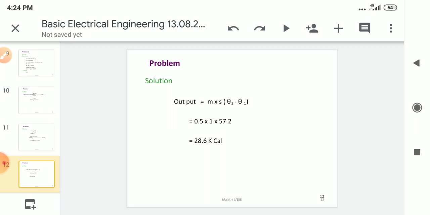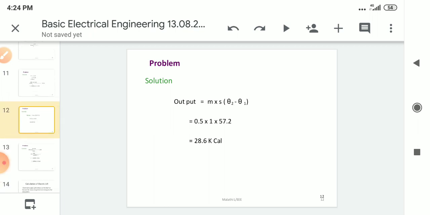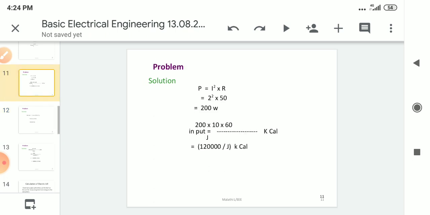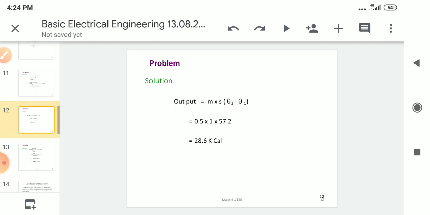Then the output is 28.6 kilocalories. Here input we are finding as this, and this is the output. Here the losses are considered as negligible, that's why we have to take input is equal to output.